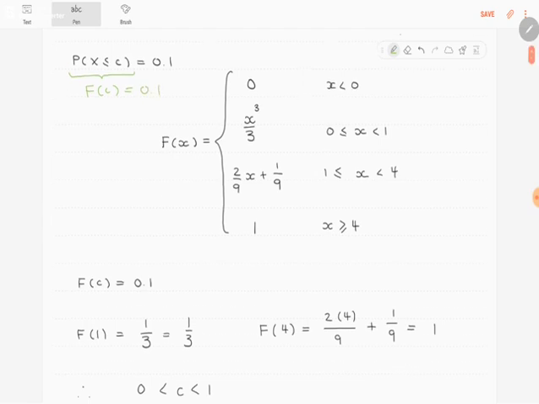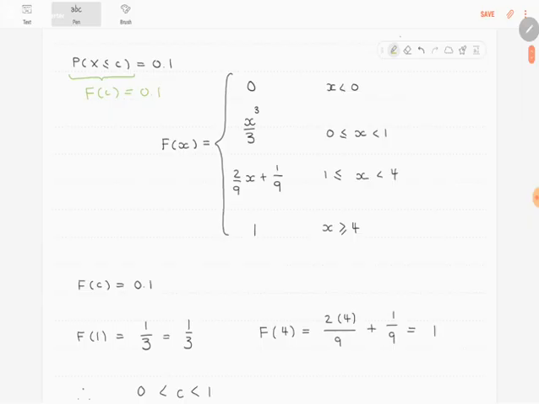Okay, so now we look at the function and we need to solve for c. But we have a little dilemma. We have different equations, we have this one and this one. So the question in this example is, in which region is it? So we need to test it out. This is what I recommend. Let's start off with the first region. Is the value we're looking for in the first region? The first region runs from 0 to 1.